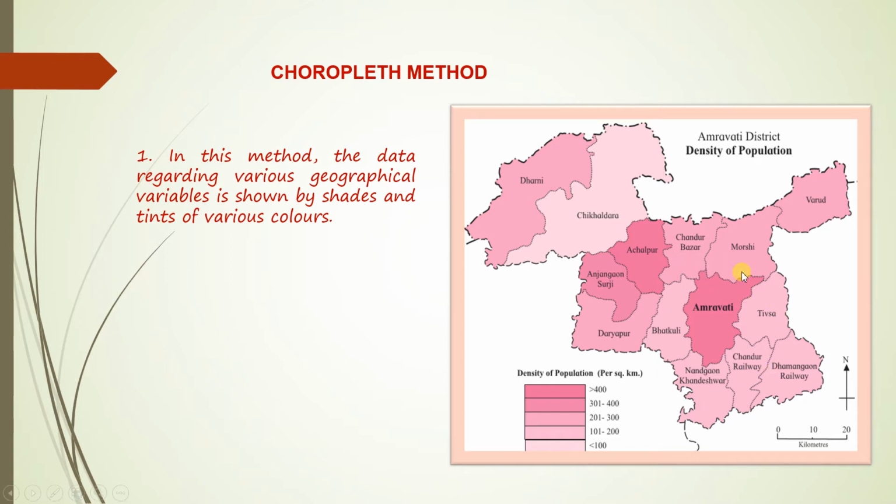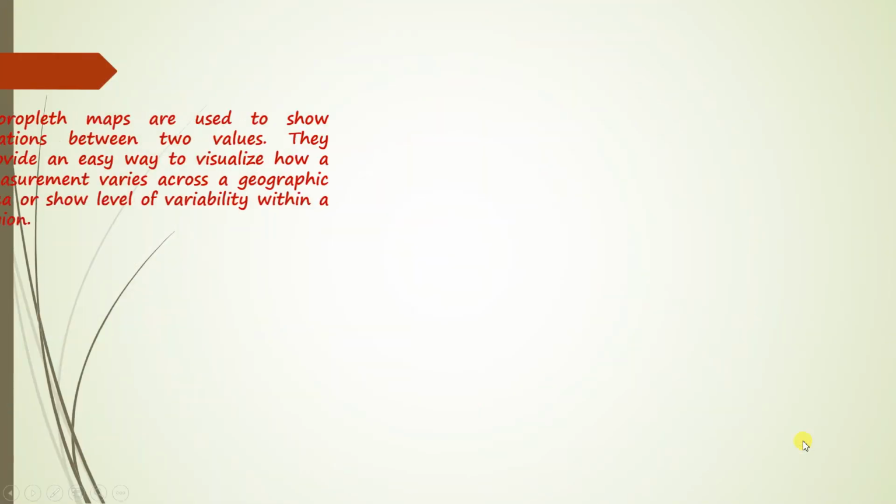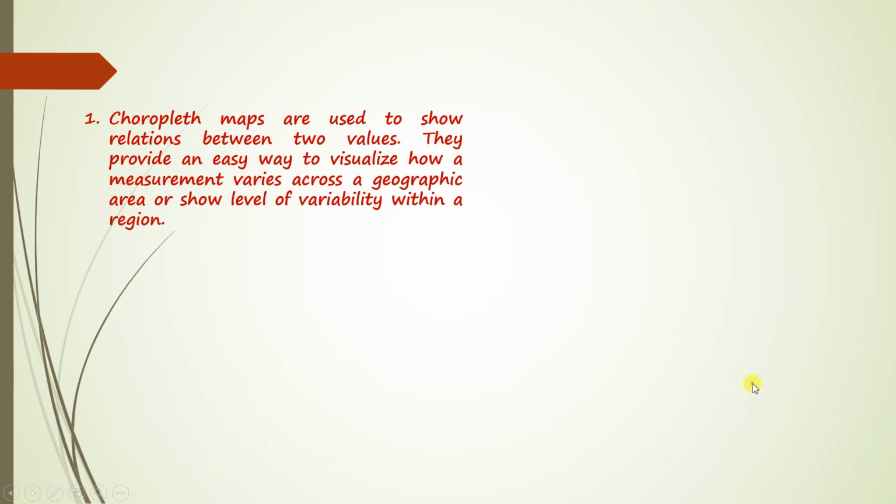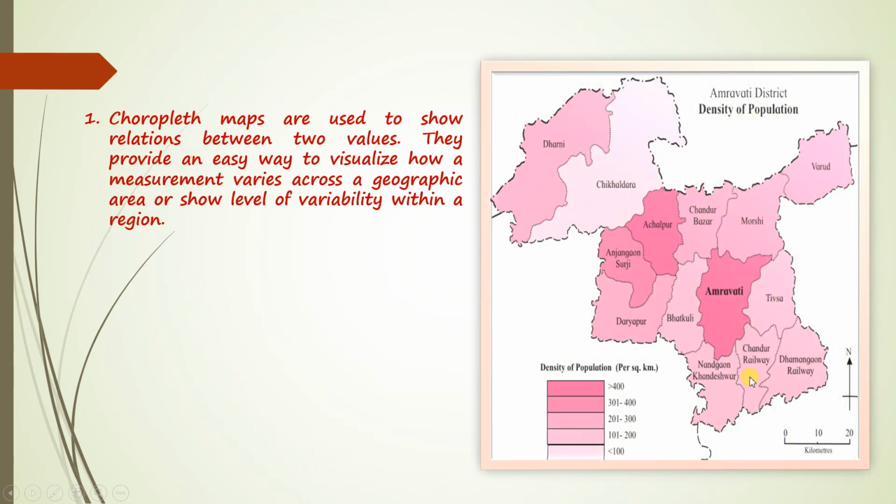You can see here various shades or tints are shown. These maps are used to show relation between two values, difference between density of population in two regions. It is shown with the help of these colors.